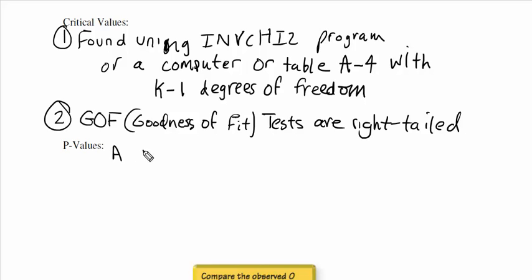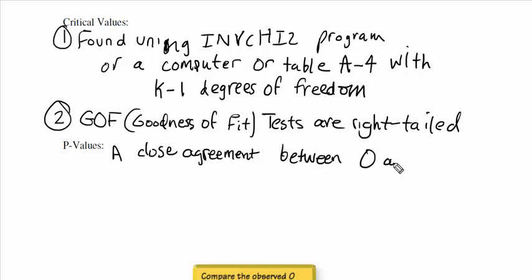All right, so the p-values, we're going to actually find the exact p-values, but I want to remind you of a couple of things. A close agreement between the observed and the expected value means that the distribution is a good fit.